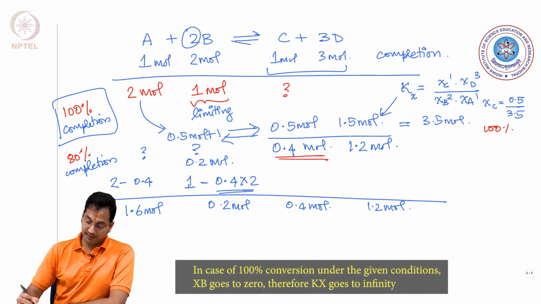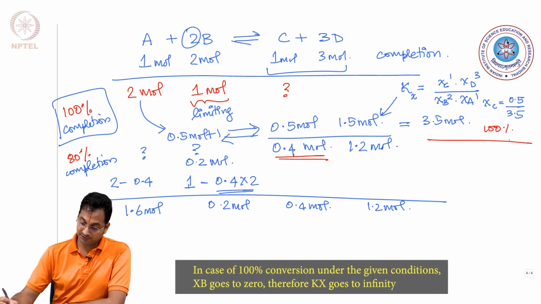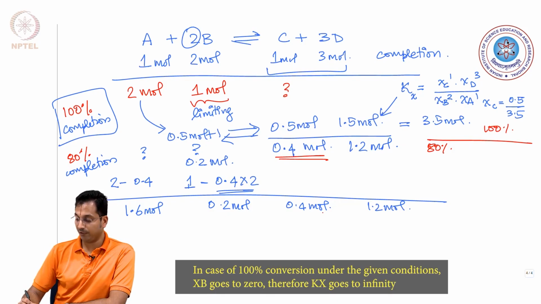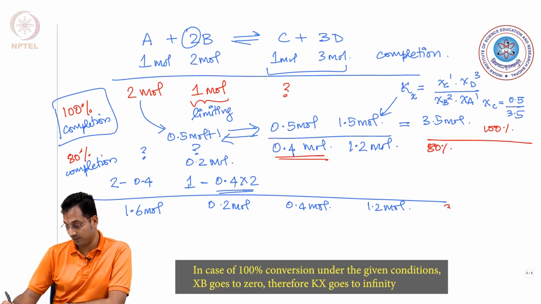What you are able to realize, on the other hand, if you have an 80% completion, is that the total number of moles is going to be the sum of 1.6 plus 0.2, which is 1.8, plus 0.4, 2.2, plus 1.2, that is going to be 3.4 moles.